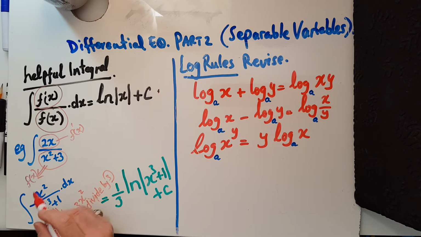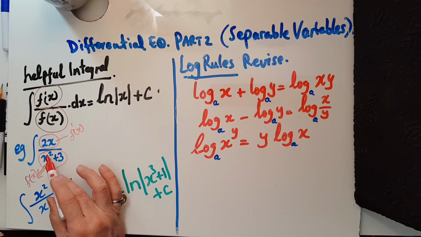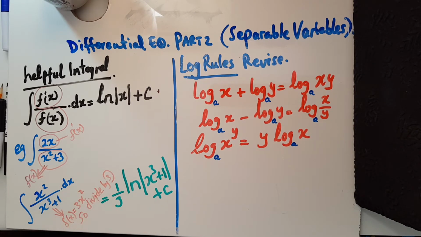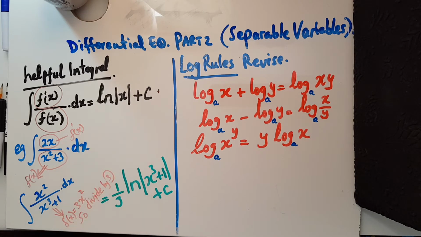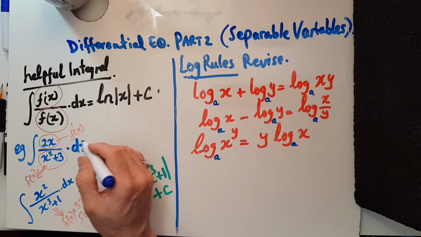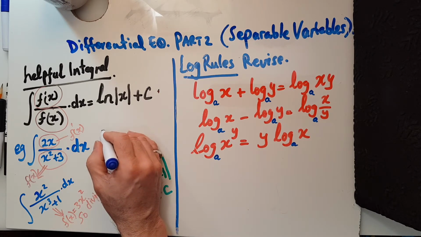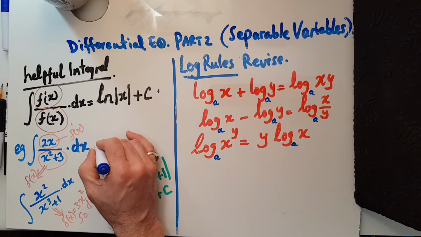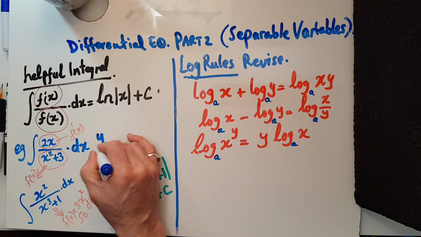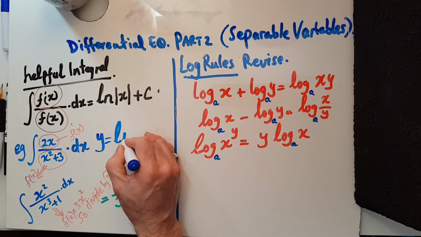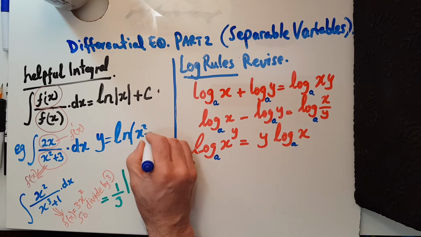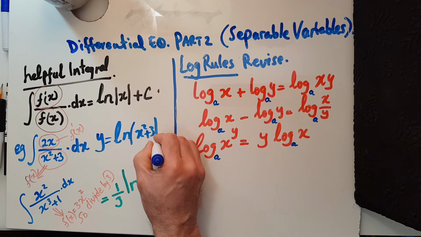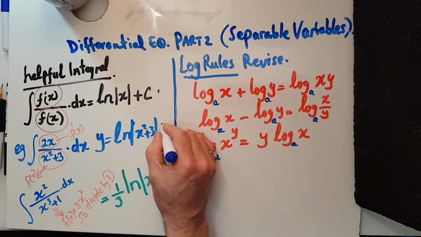So in this case, you've got 2x divided by x squared plus 3 dx. The solution of this integral is y equal to log of the base, x squared plus 3, which can only be positive, plus c.